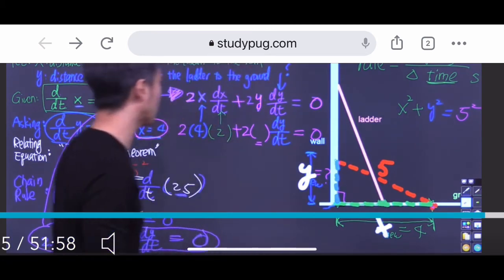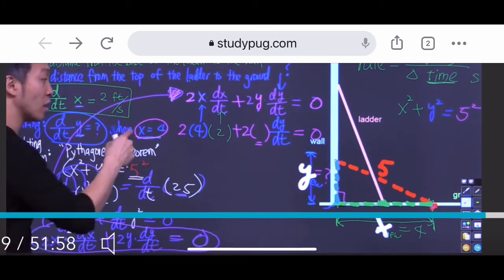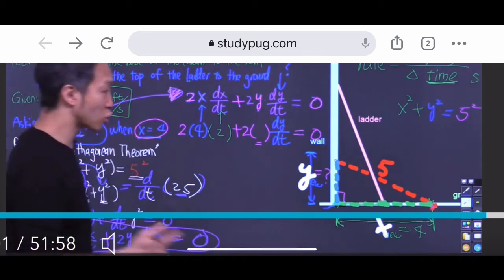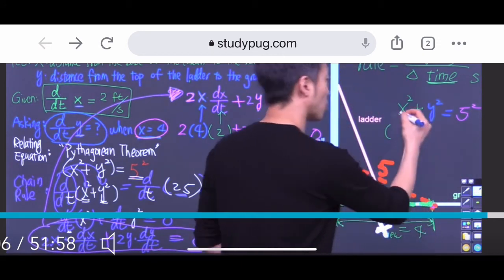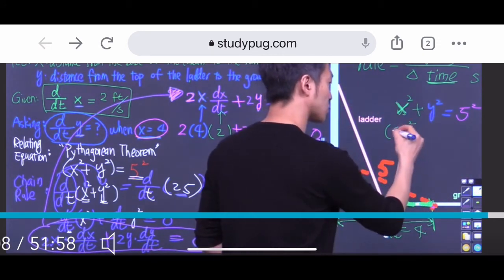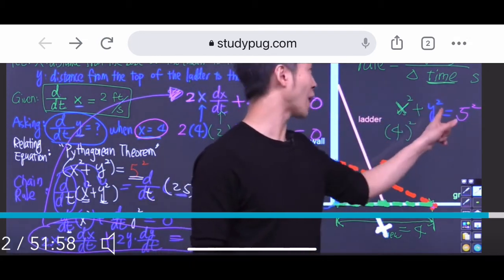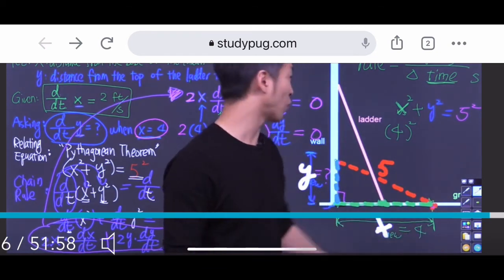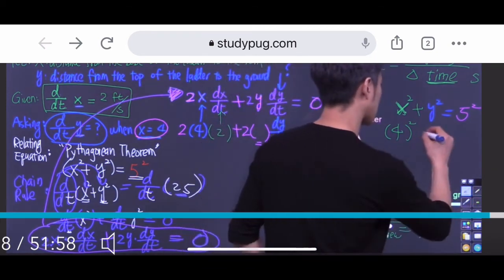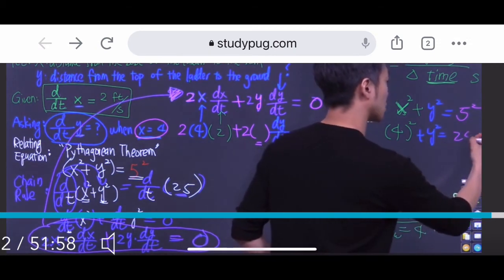Guys, we are trying to find dy dt the moment when x equals 4. So at the moment when x equals 4, we can solve the Pythagorean equation to find the corresponding y value. So plus y squared is equal to 5 squared, which is 25.